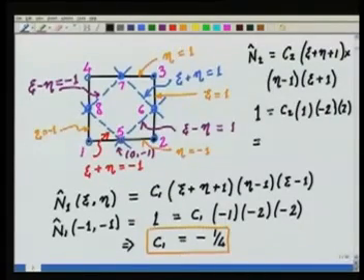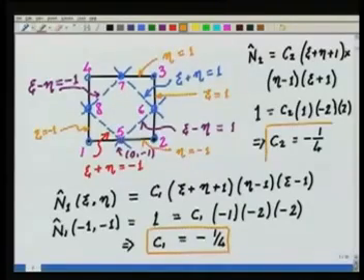So this implies C2 is equal to minus 1/4. This way I am going to construct first the corner degrees of freedom, the corner shape functions.